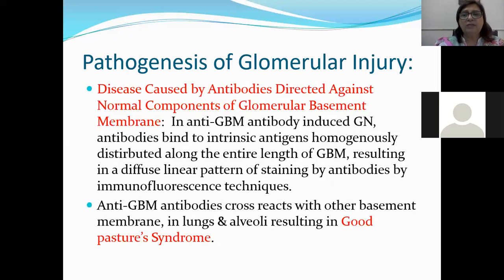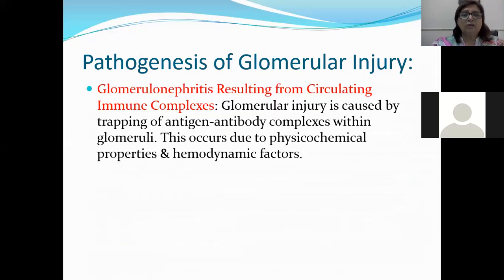The antibodies directed against the glomerular basement membrane will form a linear pattern, and this can also cross-react with other basement membranes like that of the lung, leading to Goodpasture syndrome. And then there are circulating antigen-antibody complexes which can come and lodge in the glomeruli, resulting in injury to the glomeruli because of physical, chemical, and hemodynamic factors.